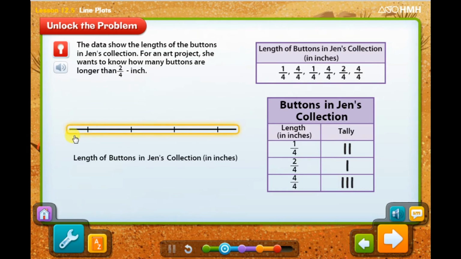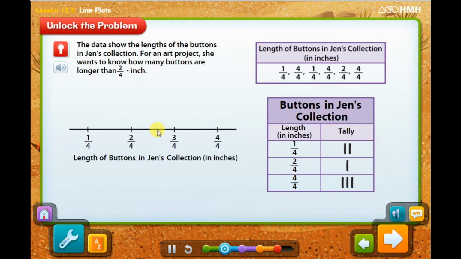So the least number here is 1/4, then 2/4, then 3/4, then 4/4. You can't jump because the intervals here should be equal. So you can't say 2/4 then 4/4. No, that's not supposed to happen. So let's see how we will put the numbers on the number line.